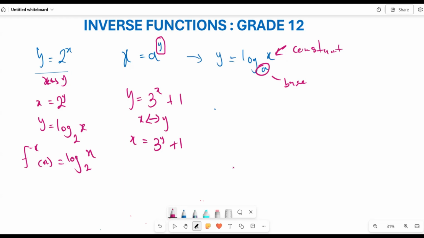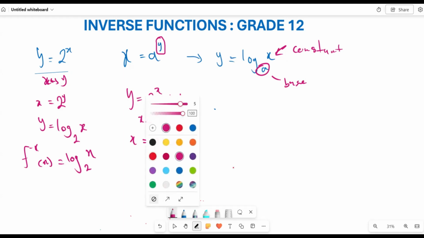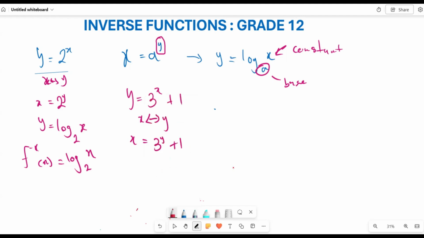And then now, law number 2. Now you are going to try and make y the subject of the formula. And how are you going to do that? This is going to be the same as x subtract 1. We are going to start by transposing this one here, equals 3 to the power of y. And then you are going to consider the base which we were having in there.